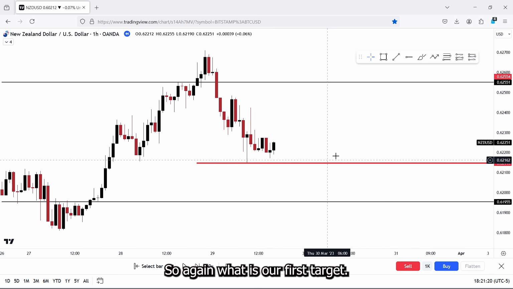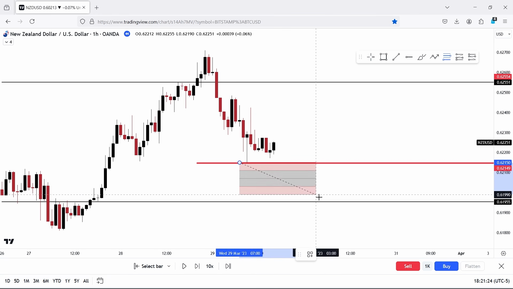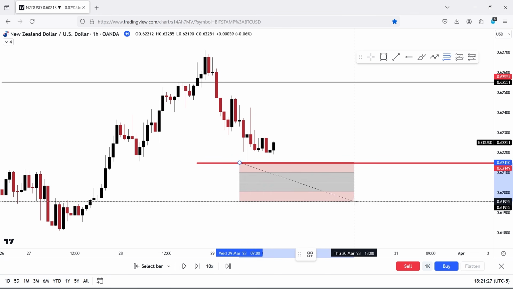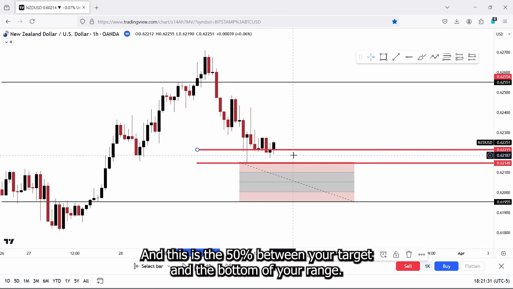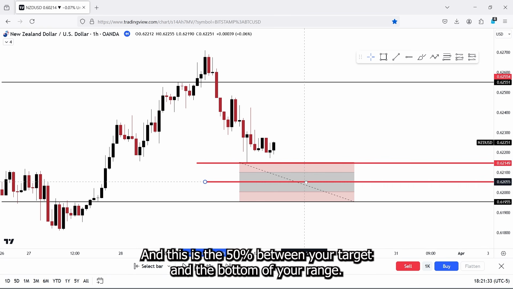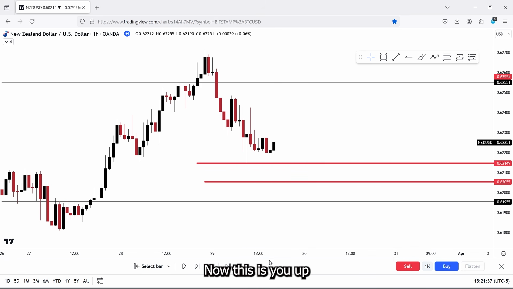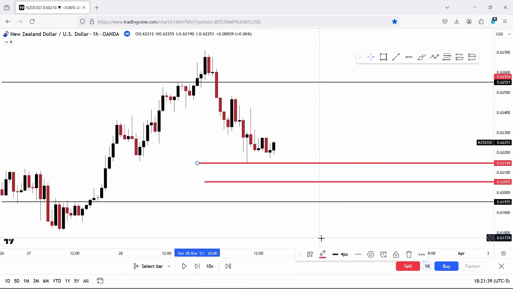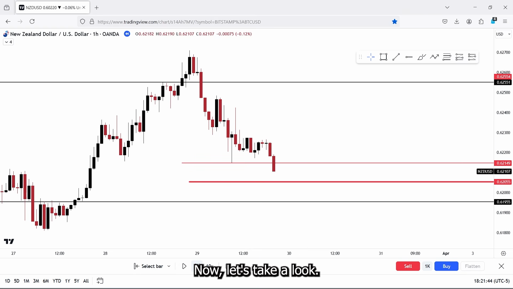So again, what is our first target? Swing low, swing high, and this is the 50% between your target and the bottom of your range. Now this is your DP. The smaller. Now let's take a look.